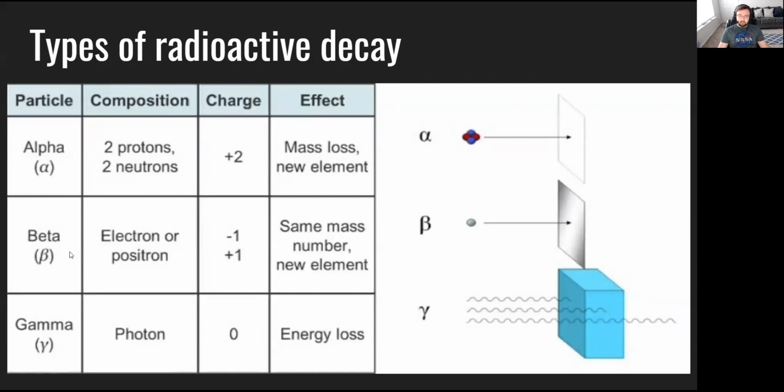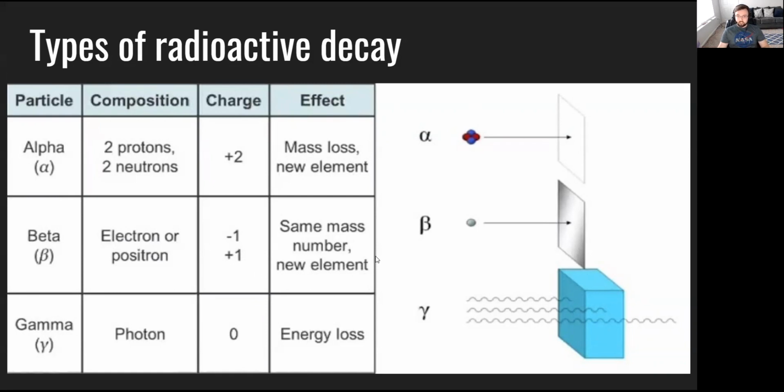Beta radiation is going to have a little bit more kick to it. Instead of being a helium nucleus, it's going to be an electron or a positron, which is the antimatter version of an electron. Electrons are negative, positrons are positive because they're antimatter, so they're the opposite of matter.